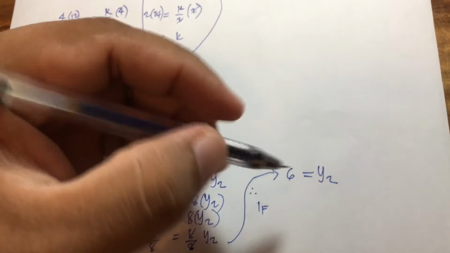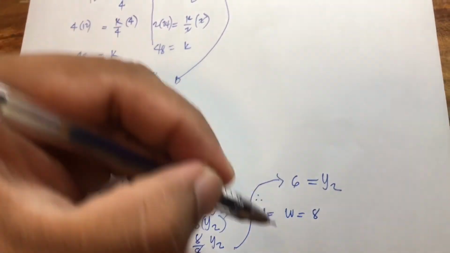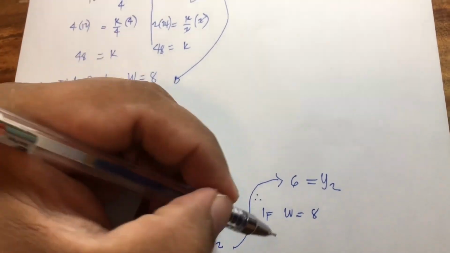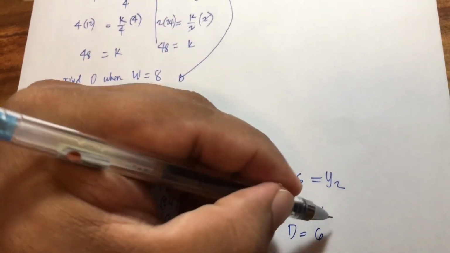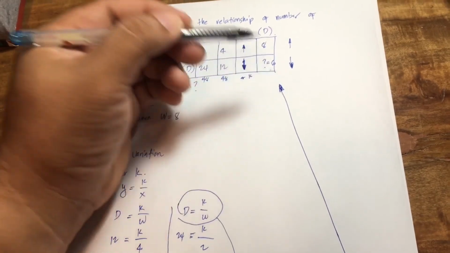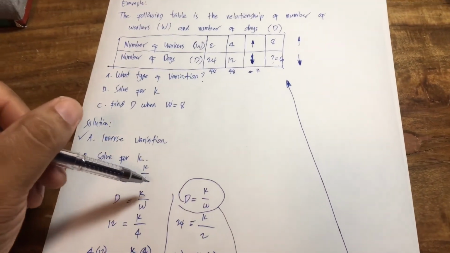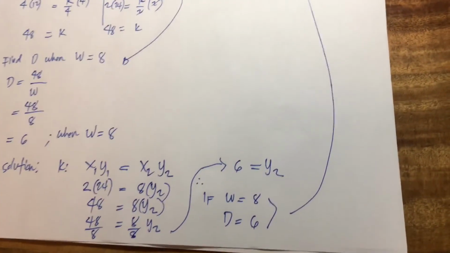Therefore, simply, if w equals 8, then our d becomes 6. So this actually arrives at the same value using this first procedure and our second procedure.